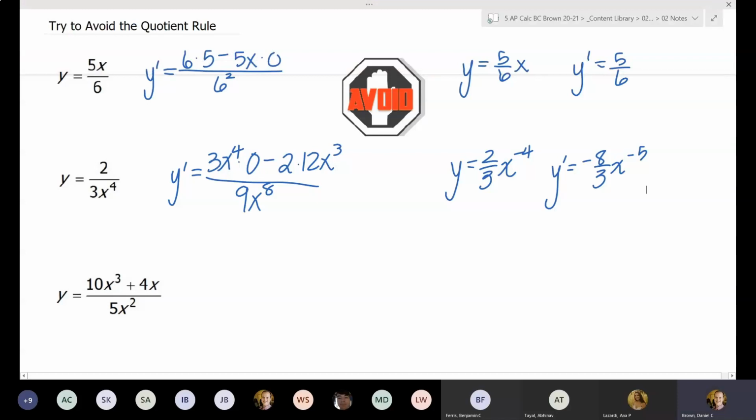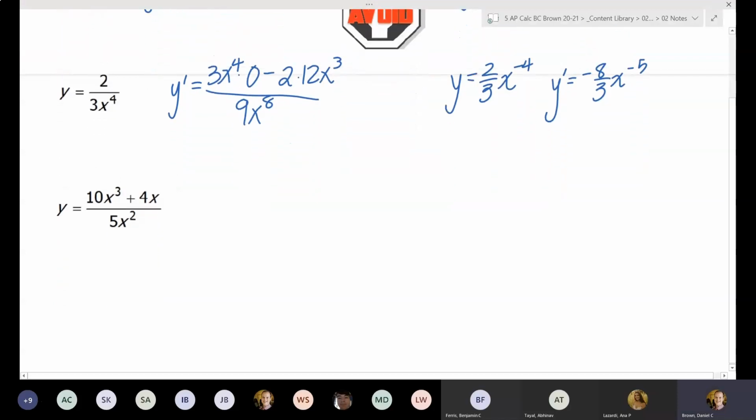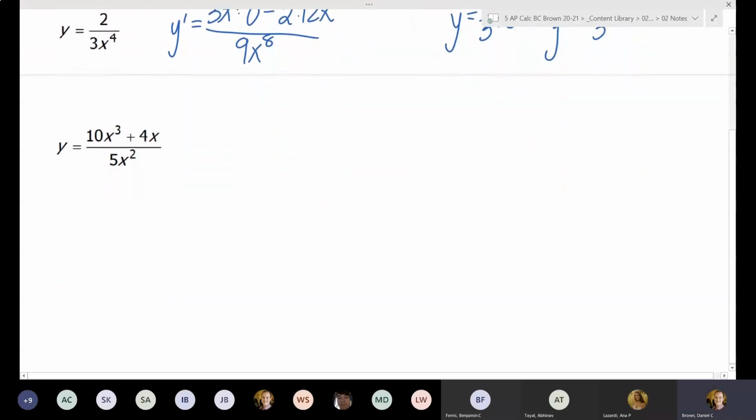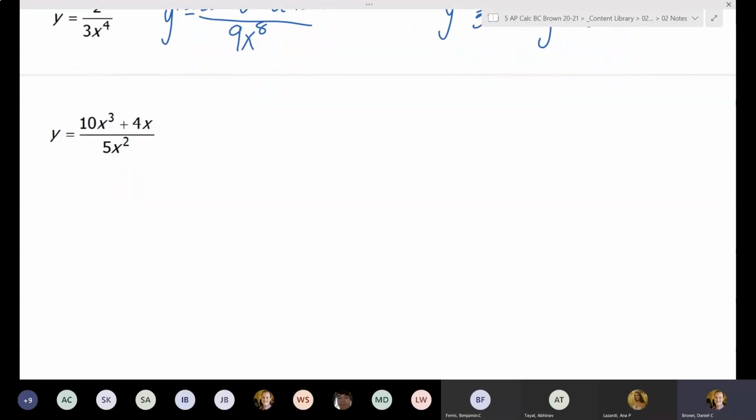The last example I want to show you of simplifying instead of using the quotient rule is this third one. Again, you could use the quotient rule, but it's kind of a lot of simplifying. So I have low D high, less high D low.